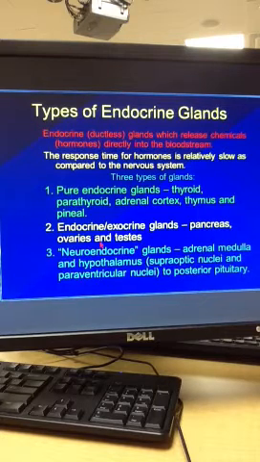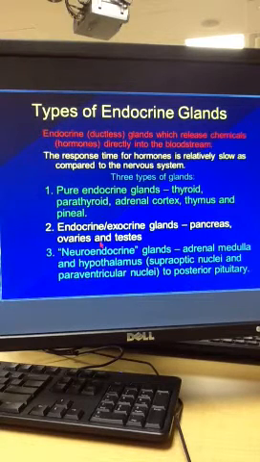The ovaries and testes. The ovaries, their endocrine secretion is estrogen and progesterone. What would the exocrine secretion of the ovaries be? The ova. And the testes, their endocrine hormone is testosterone and inhibin, and its exocrine secretion would be sperm.